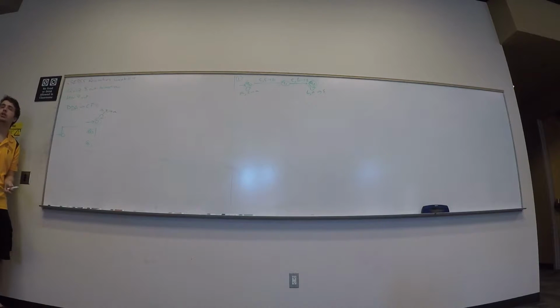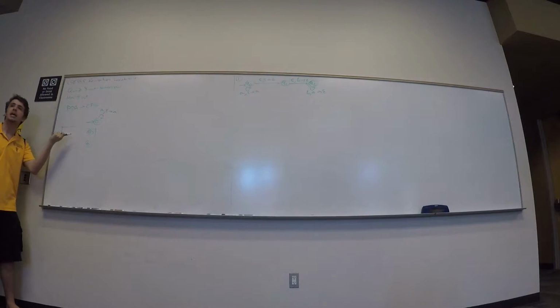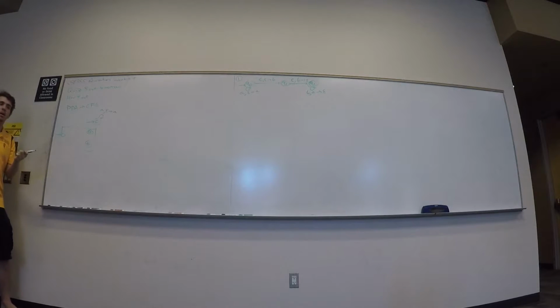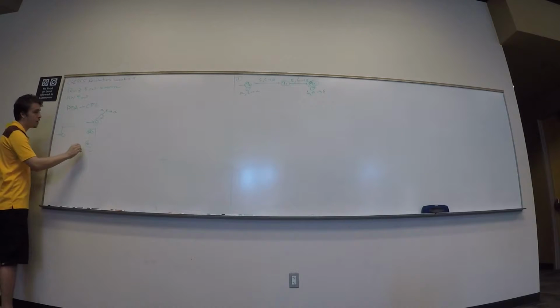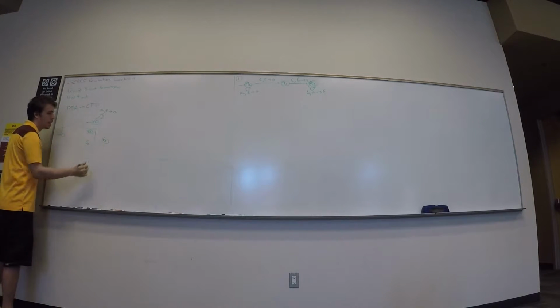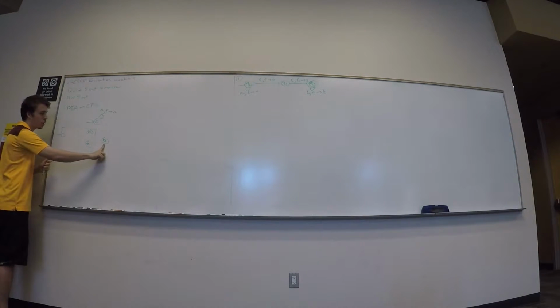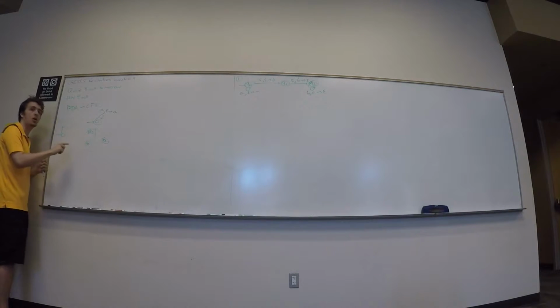But I want to ensure that if it can accept, there's another way to accept with an empty stack, because I want to ensure that possibility. So how can I guarantee that here? Create not a new start state. Yeah, I make a new final state. And then what do I do to hook this new final state up to the old ones?